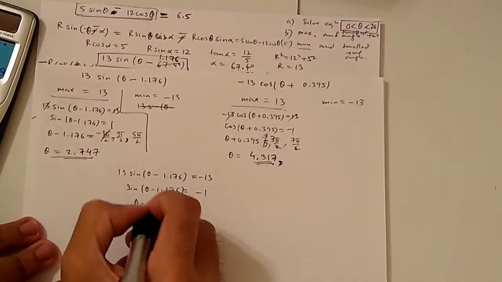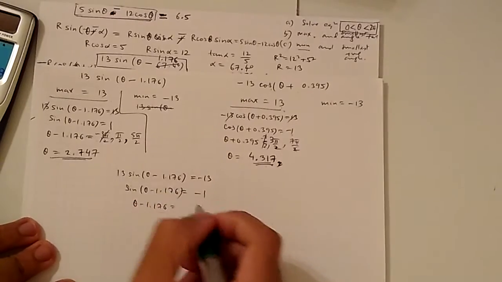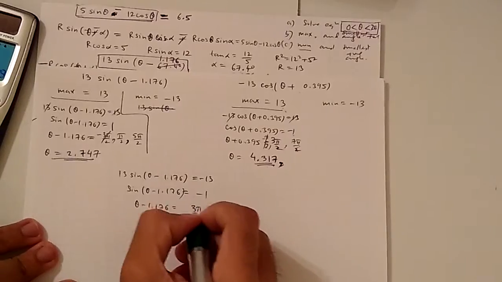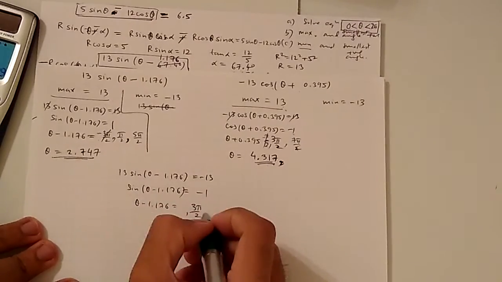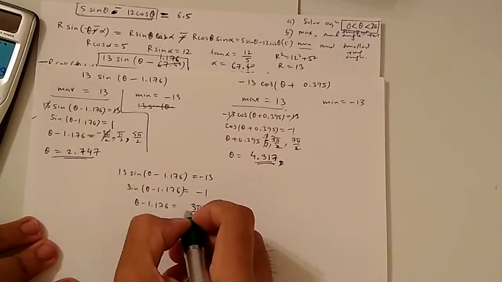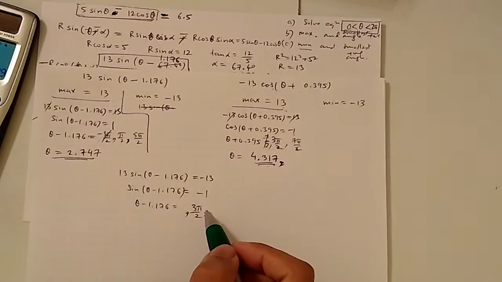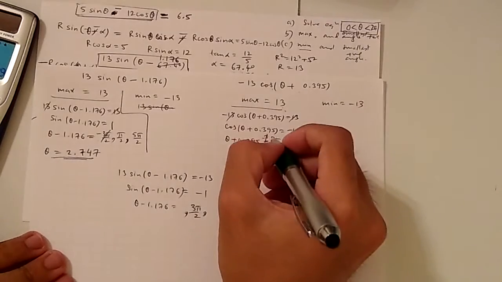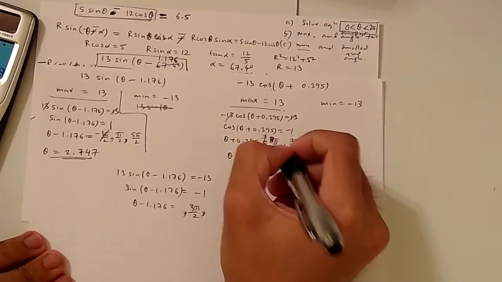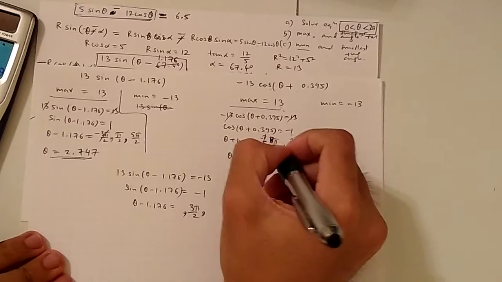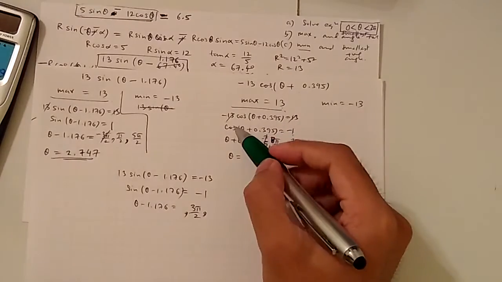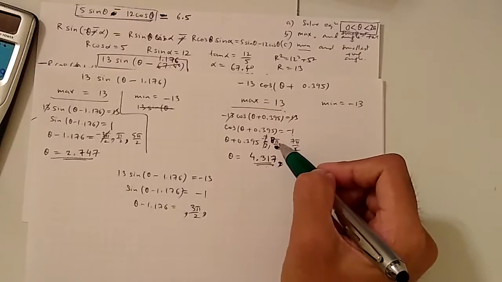And that takes place when theta minus 1.176 is equal to pi, sorry, not pi, 3 pi by 2. There you go, that was the mistake that I made over here. This was actually supposed to be pi, the cos inverse for minus 1 is actually pi.